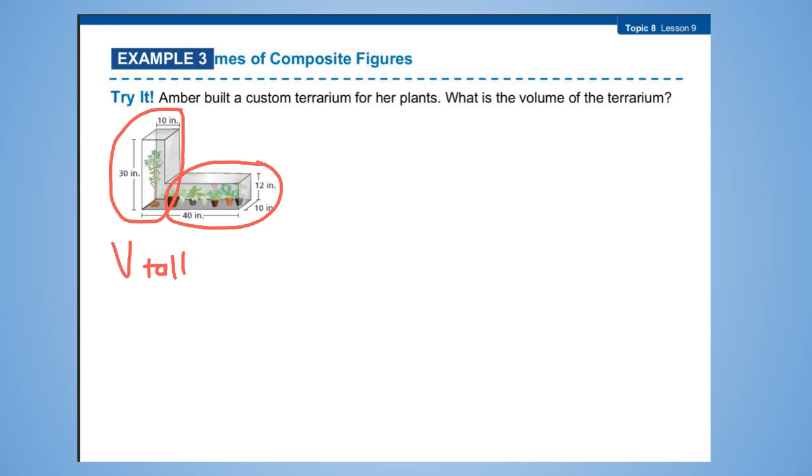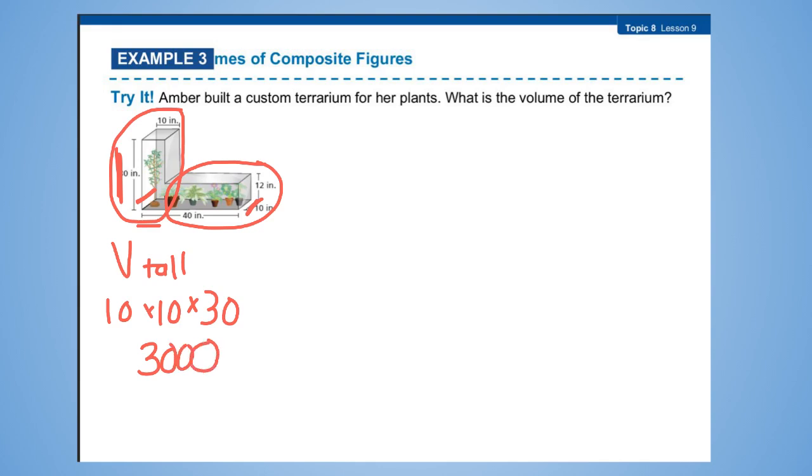I'm going to find the area of the base times how tall is it. So it is 10 here by 10 deep, right there, that helps me know that, by 30 tall. So that is 3,000 cubic inches.